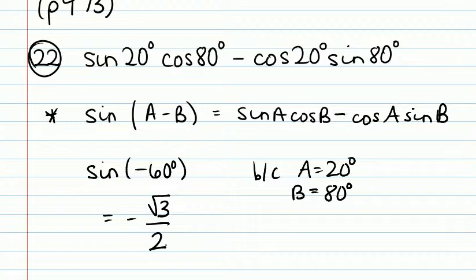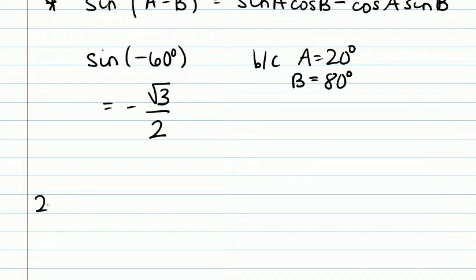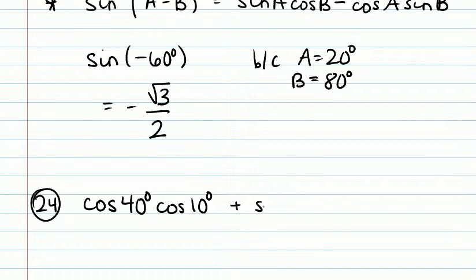Try again. Let's do number 24. So cosine 40 degrees, cosine 10 degrees, plus sine 40 degrees, sine 10 degrees. So again, you're looking on your reference sheet for cosine, cosine plus sine, sine.